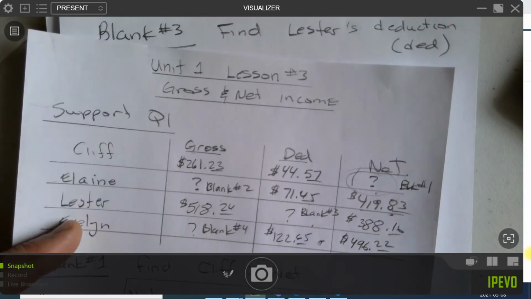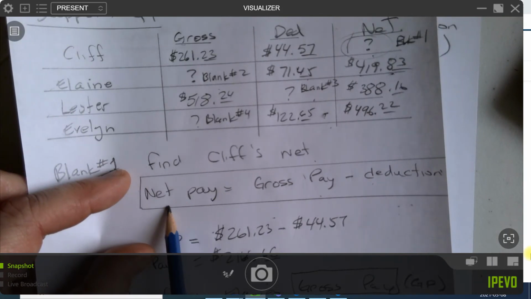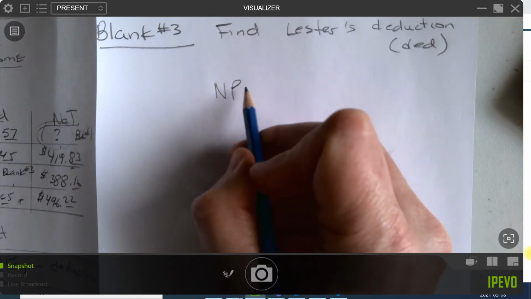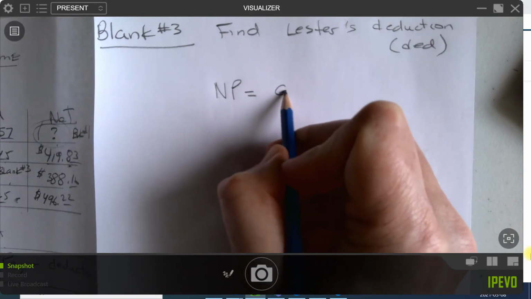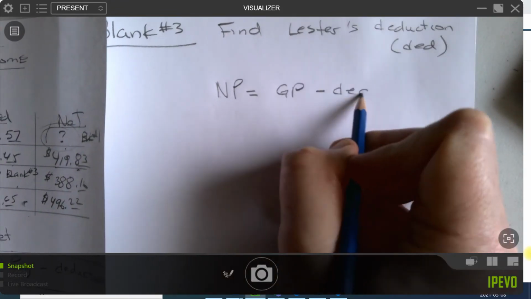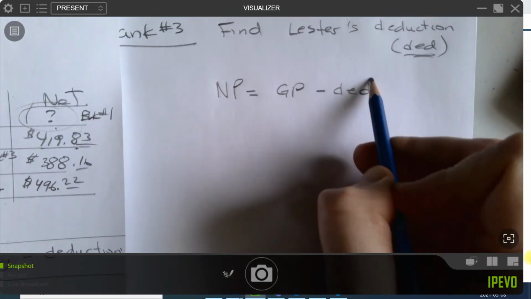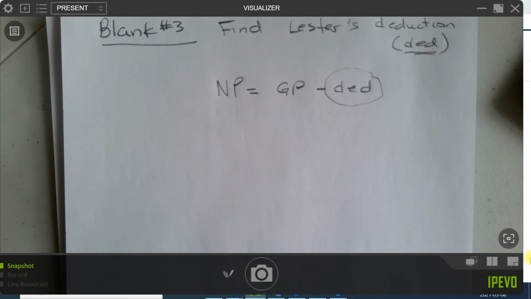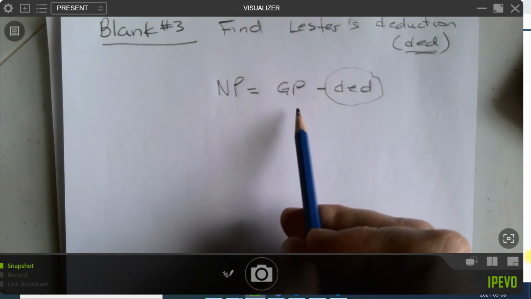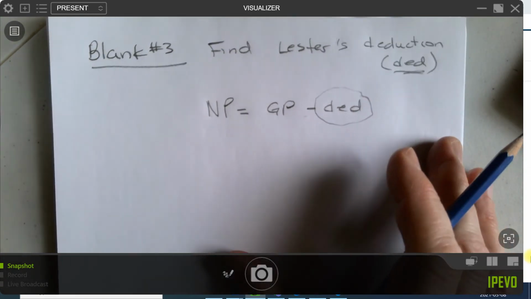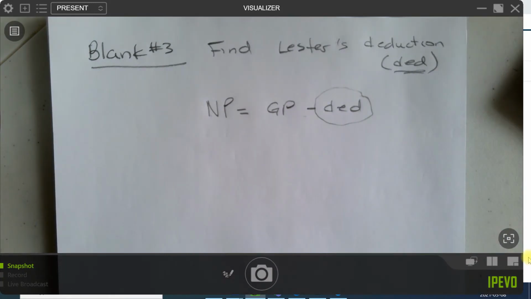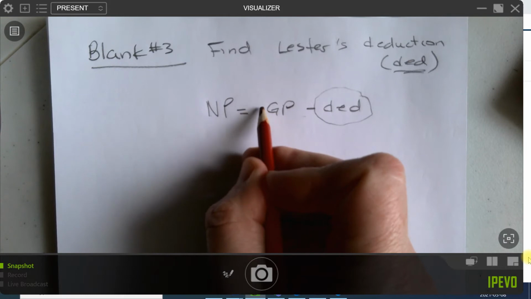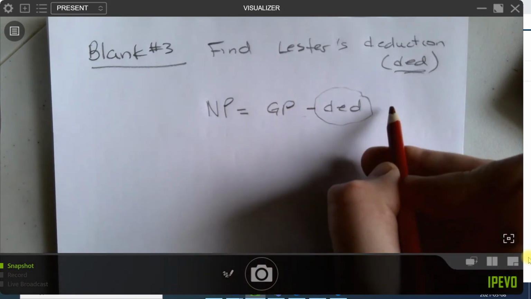So what was our original formula? Our original formula was net pay is equal to gross pay minus deductions. And what do we have to find? We have to find deductions. So how do I get rid of gross pay on this side here? Remember, if there's no sign here, it means it's plus, right? So if it's plus GP on this side, I have to go minus GP on this side.